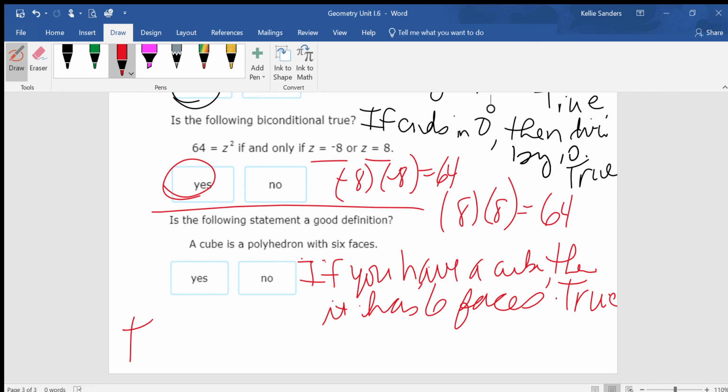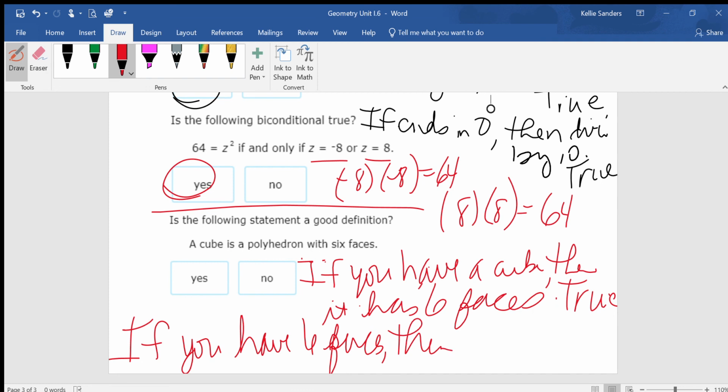But if you have 6 faces, then it is a cube. That is false because it could just be a rectangular prism, and that would not be a cube because they are not all the same sizes on the same sides. So it would be a no, and that would be it.